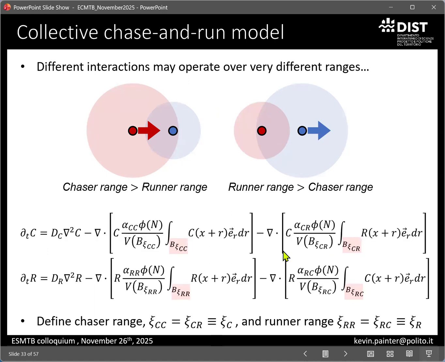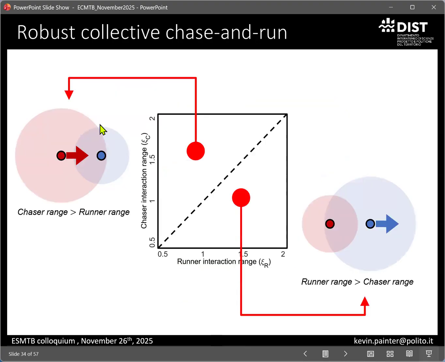Within the model, that comes down to describing what these various xi parameters would be. We described a general chaser range and a general runner range, and now look at the effect on the patterning dynamics. This allows us to divide the parameter space into two ranges, according to whether the chasers or the runners have the larger range of interaction.